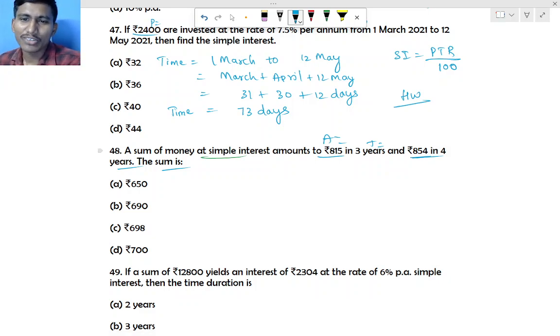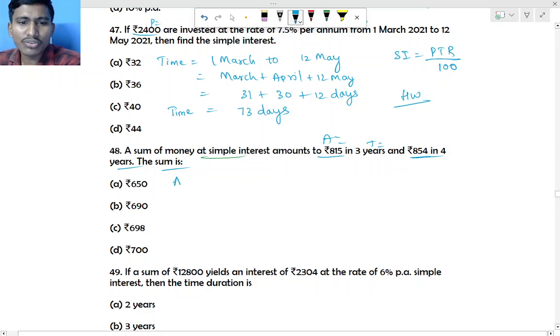So the sum is what they are asking, right? So the amount for the 3rd year and the 4th year is given. If you subtract the 3rd year from the 4th year, you will get 1 year, so that is the interest will come.